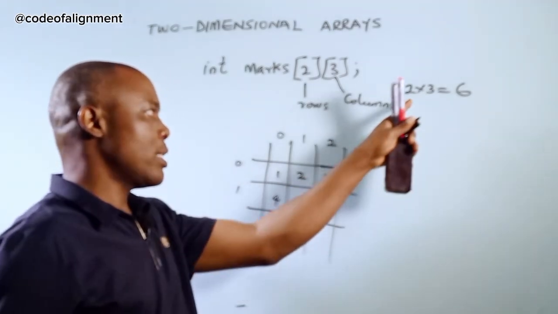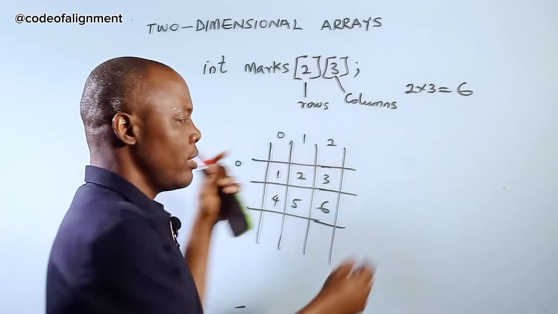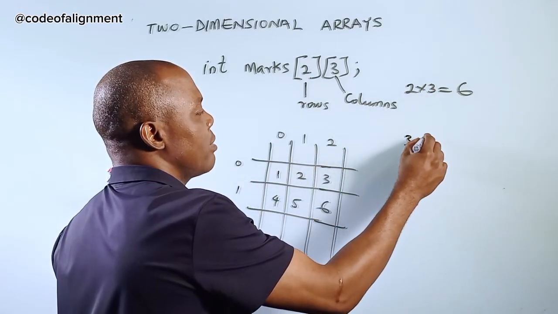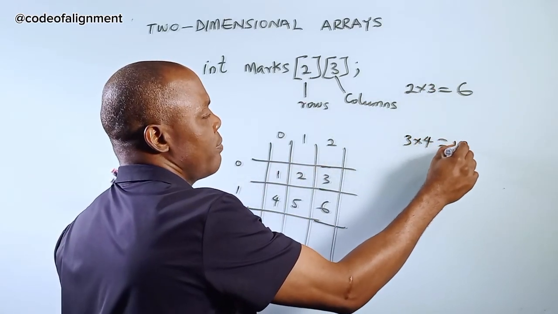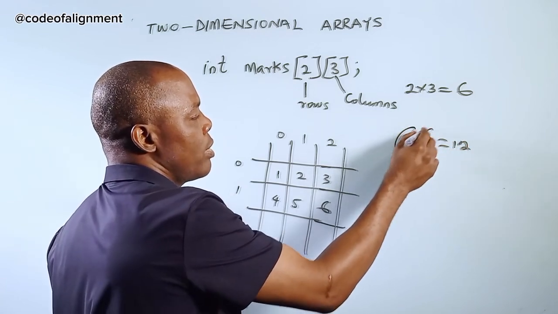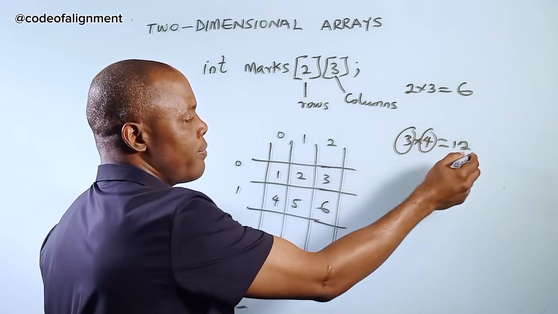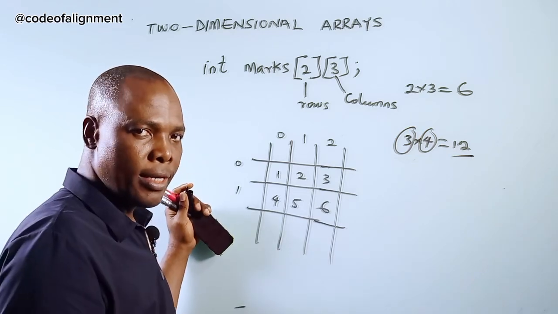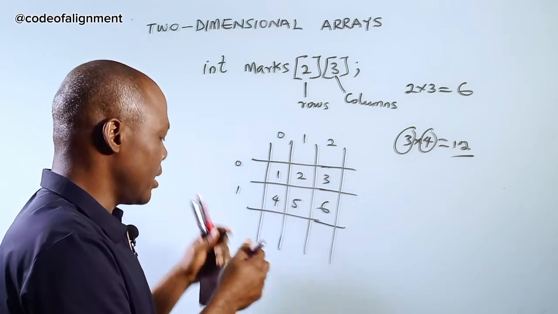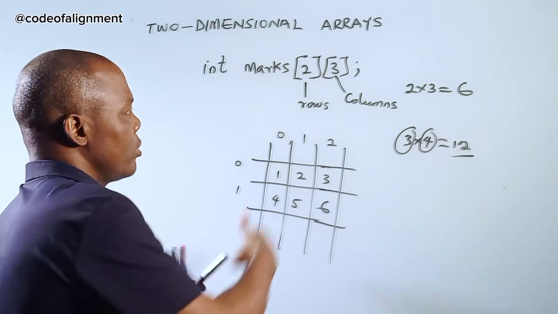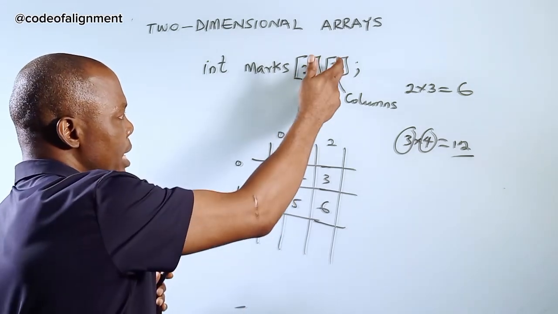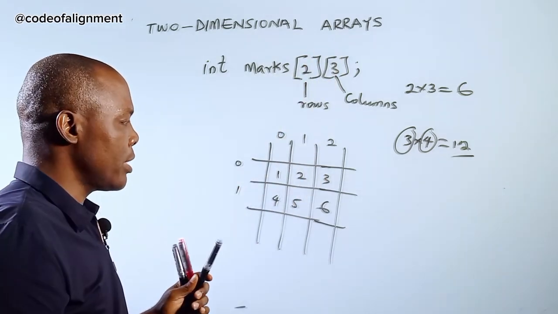So you can see something here, multiplication. If I say 3 times 4 equals what? 12. That means 3 rows, 4 columns, and then we have 12 elements inside. That is what it is. So this is row representation, and this is column representation.